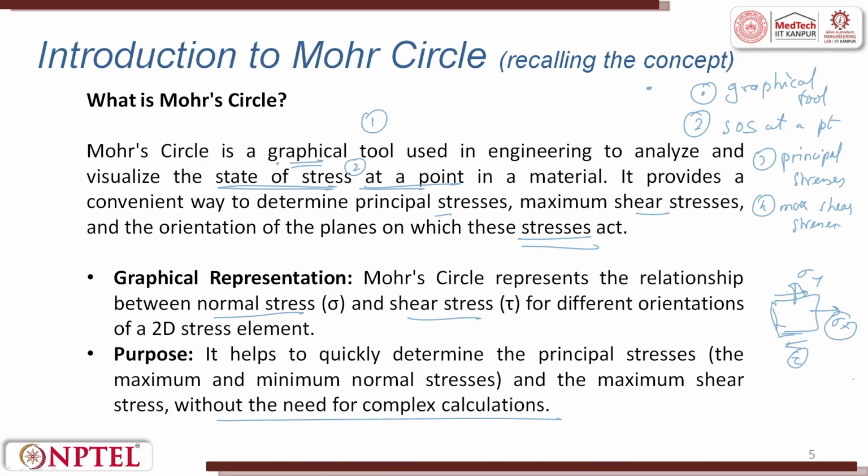So, Mohr circle has been working very nicely for 2D elements. People have extrapolated and moved towards 3D elements, and there also they do Mohr circle analysis with some modifications. Right. But it is very good for a 2D representation graphically, the relationship between principal stress and maximum shear stress.